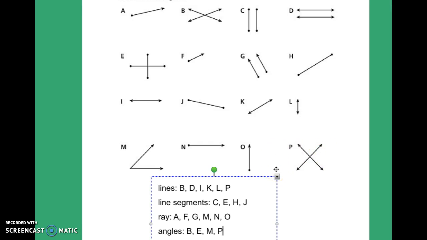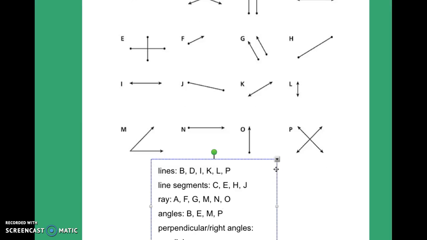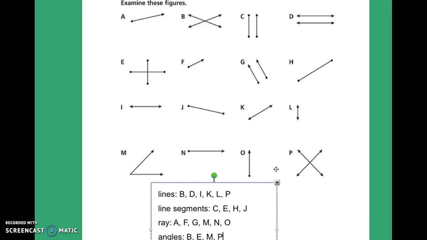All right, the next one we're going to be doing is perpendicular and right angles. And I'm going to actually leave it like this because I want you to be able to see them. But remember, a perpendicular and right angle is when they hit at exactly 90 degrees. The corner of a piece of paper would be able to fit into that angle perfectly. So the first example is E. See, a piece of paper's corner would fit perfectly into there.